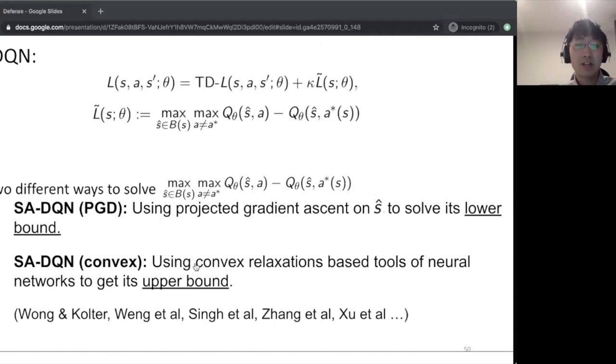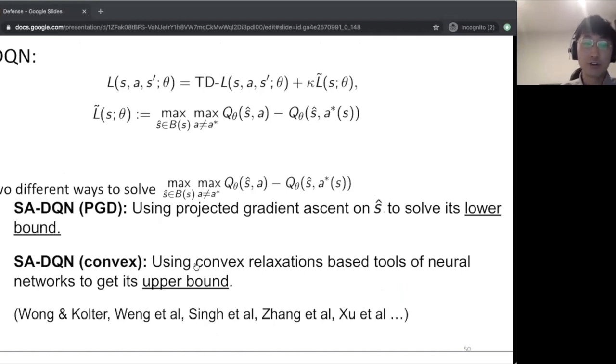The hard part is to solve this additional regularizer, the L tilde term in SA-DQN. There are two different ways to solve L tilde. The first one is to use a technique similar to adversarial attack. We keep the model fixed, and we run projected gradient ascent on S hat to solve a lower bound of L tilde.